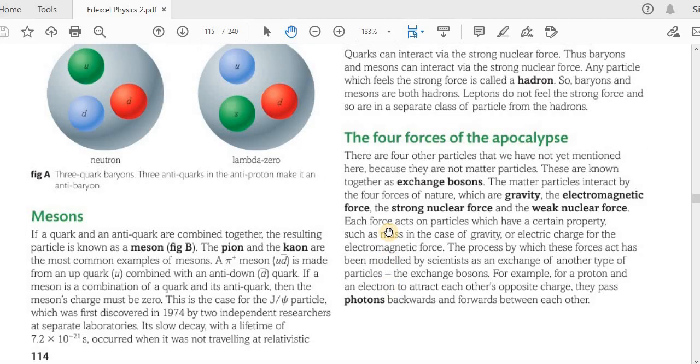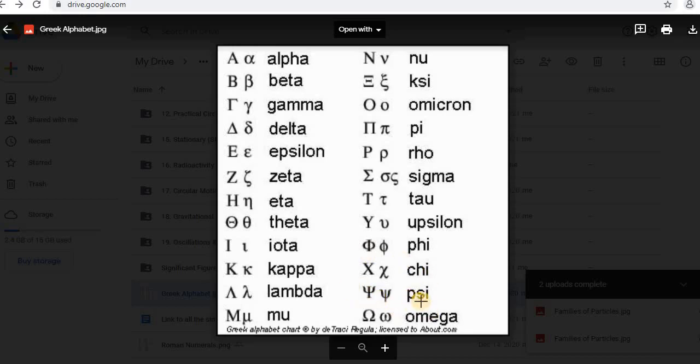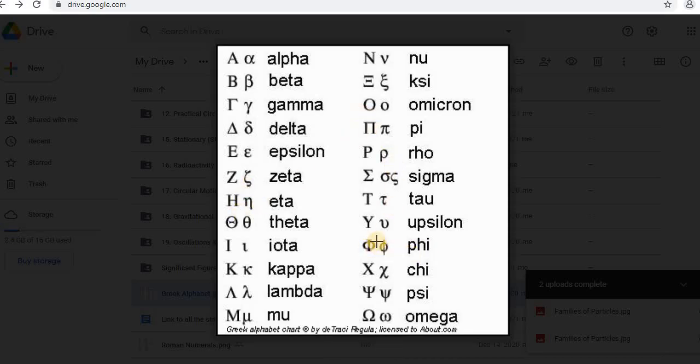This is the Greek letter psi, phi is another Greek letter, and this is pi. Different Greek letters are used.